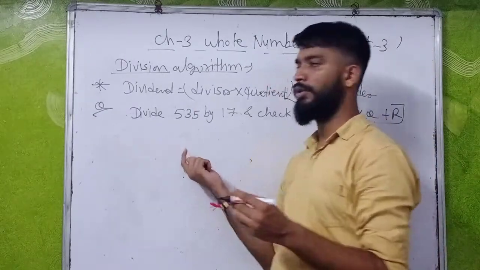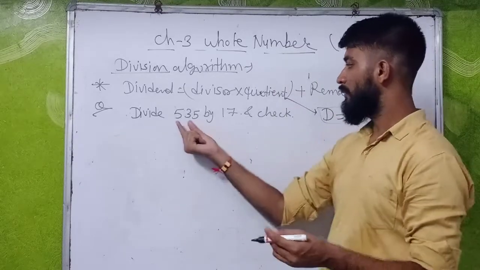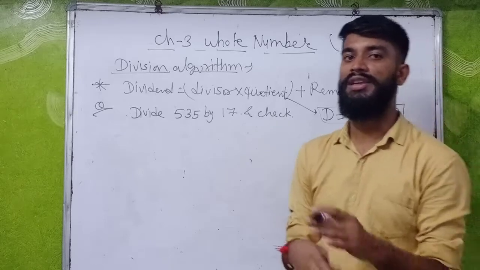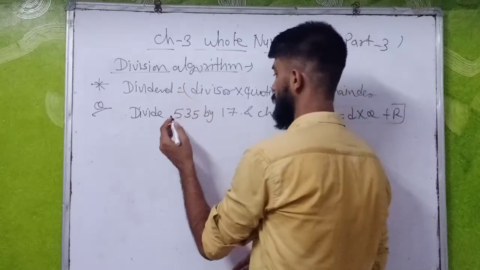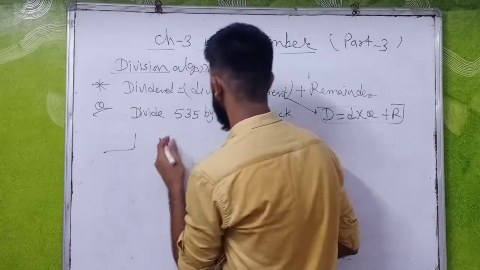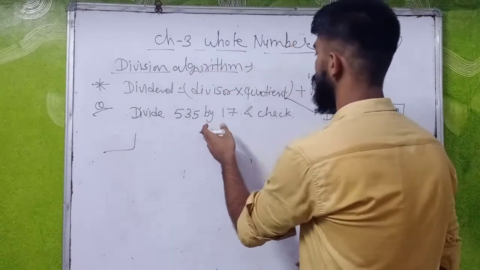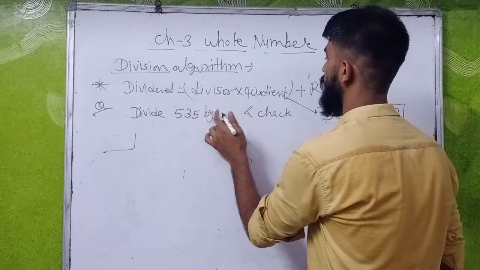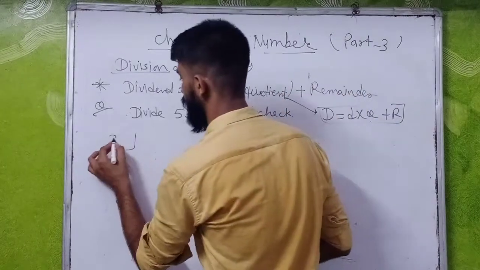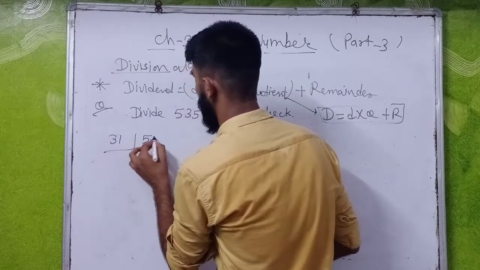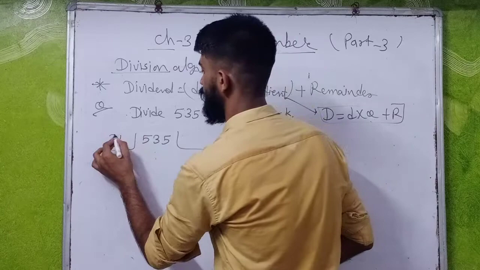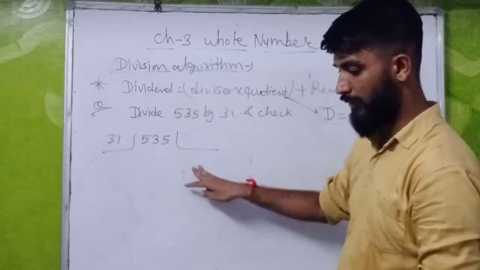You can easily understand it with an example. 535 is divided by 17, and check whether your answer is right or wrong. First of all, maybe we can change the number, take a bigger number so it will be easier to understand. So 535 is divided by 31.